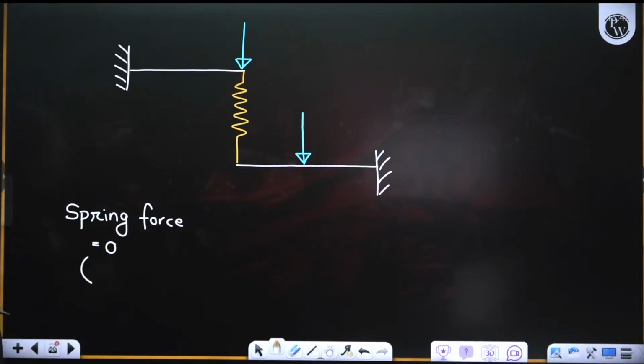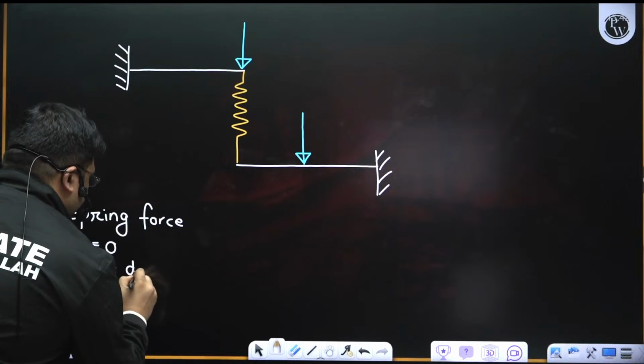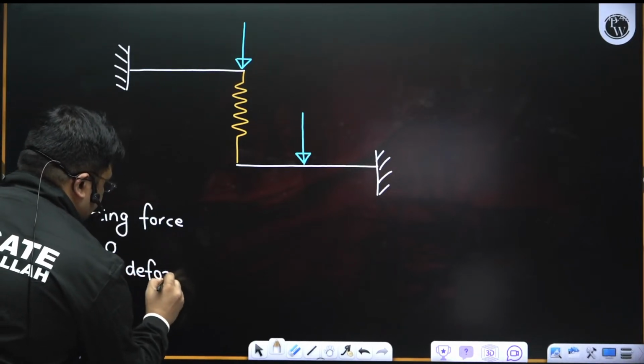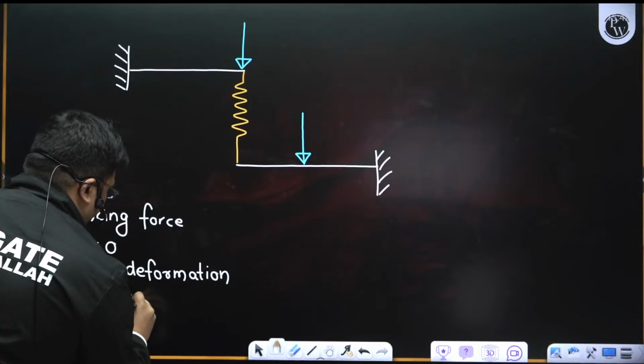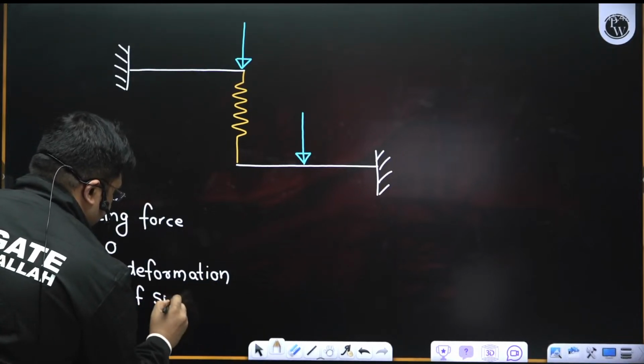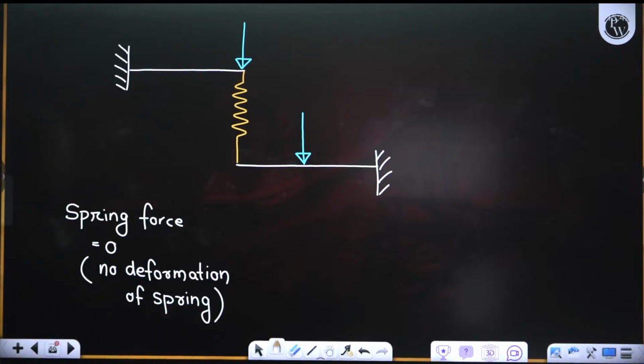Spring force 0 means there is no deformation of the spring, neither compression nor extension, right? No deformation of the spring.